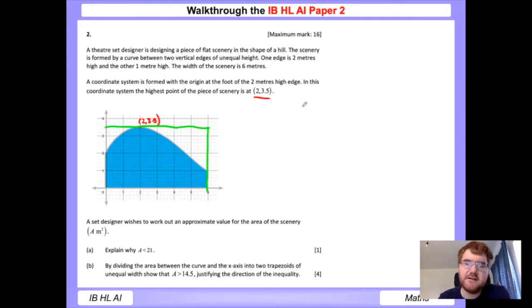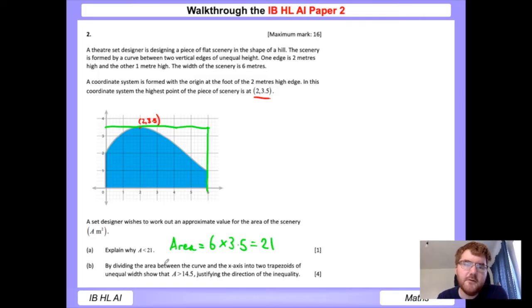And the area of this rectangle, I'm going to do it in green, is equal to 6 times 3.5, because 6 across and 3.5 upwards is our maximum point. And if we work this out, we get 21.